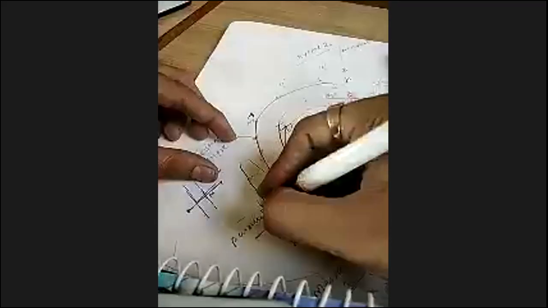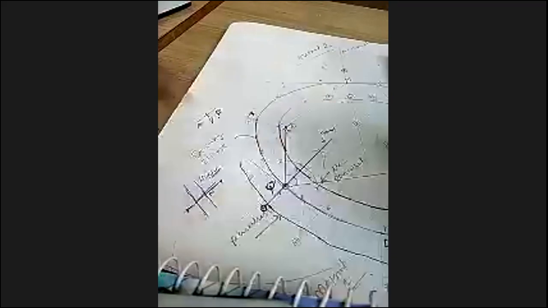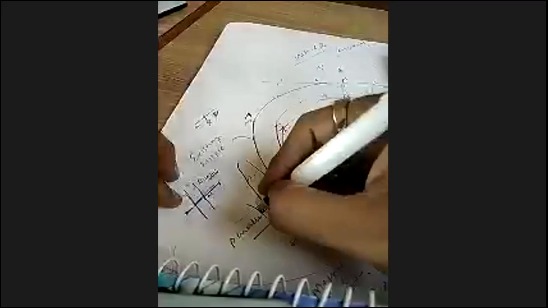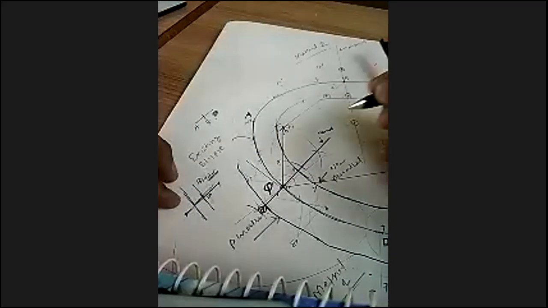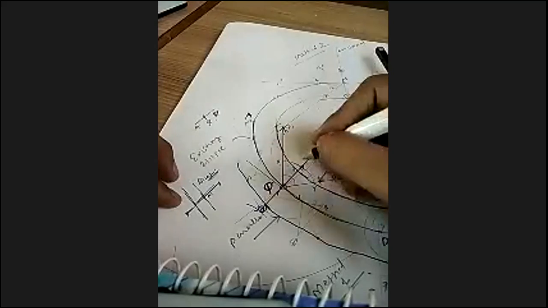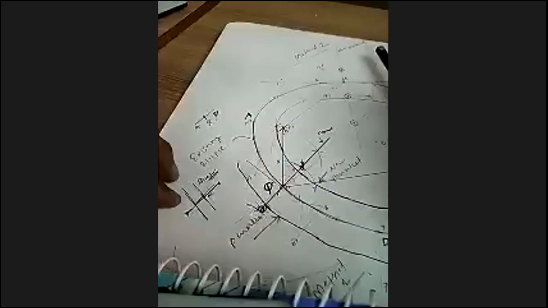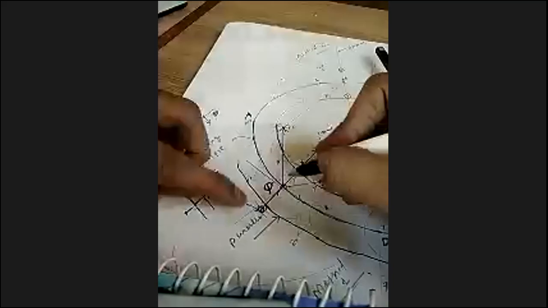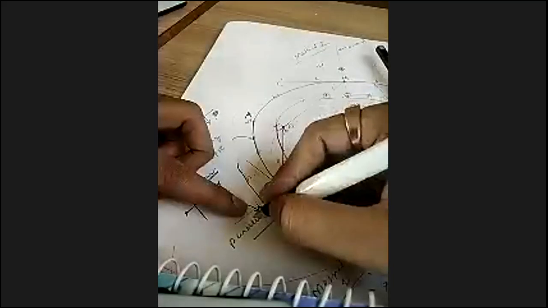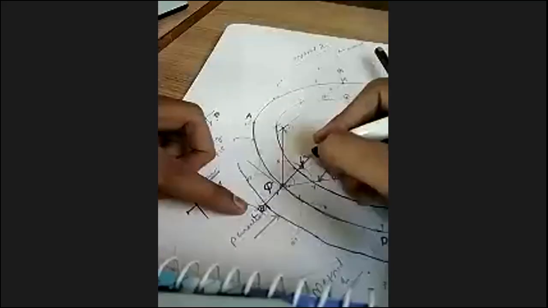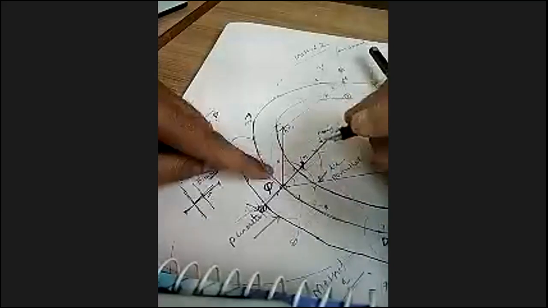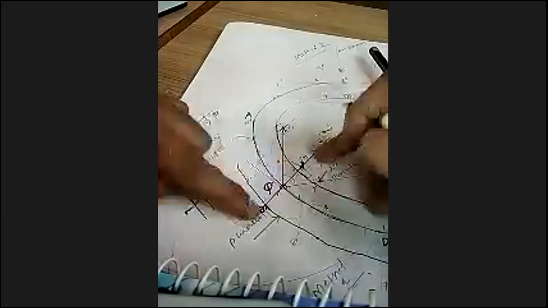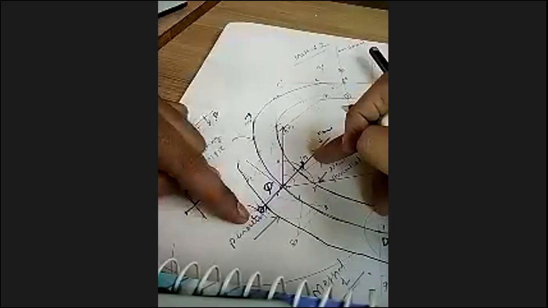One is here and one is here. We got 2 points. So now if I name this L and this M, then Q is automatically the midpoint of this line. Got it?